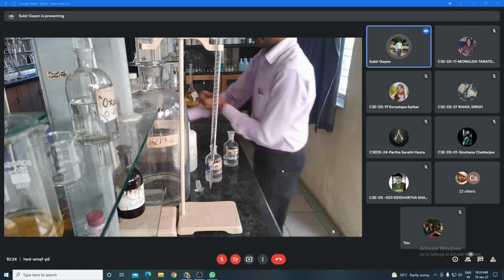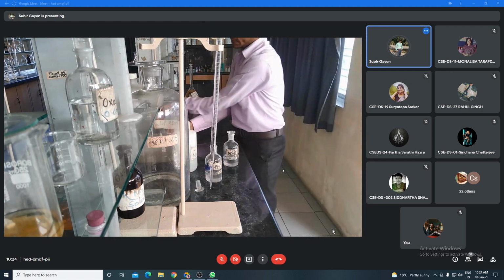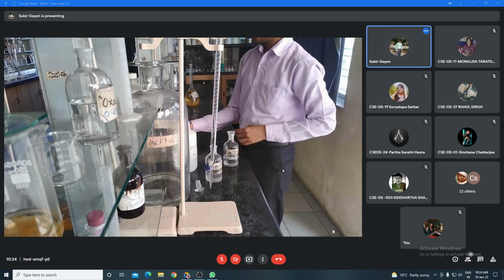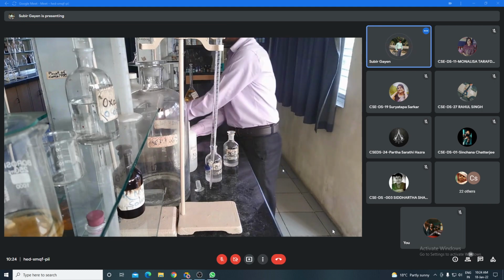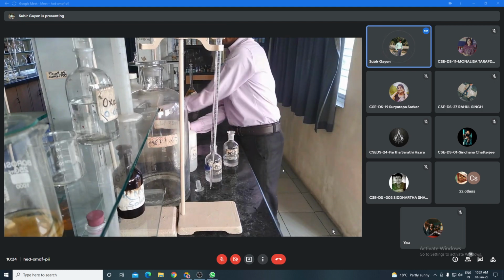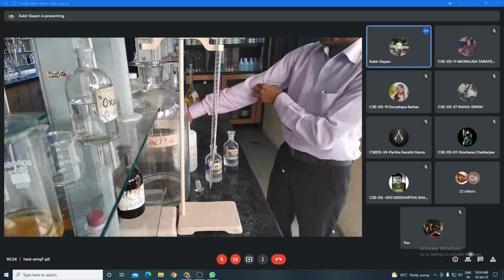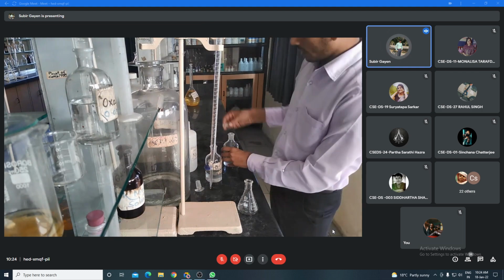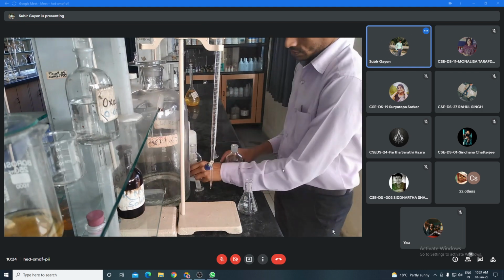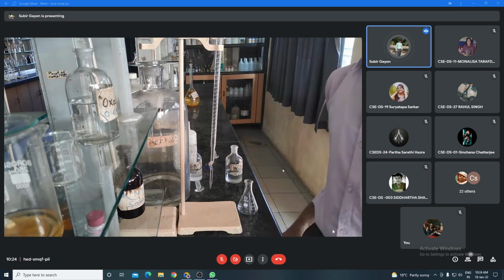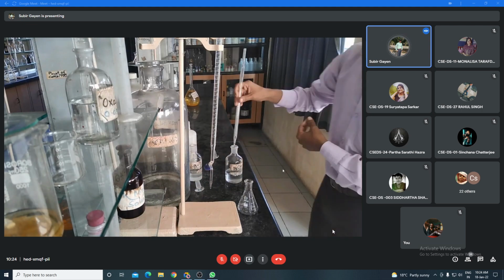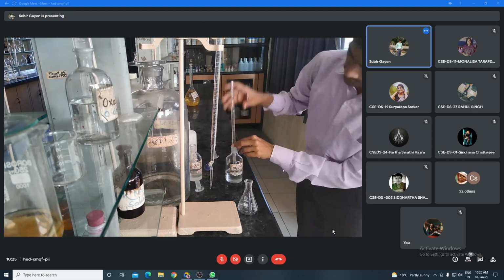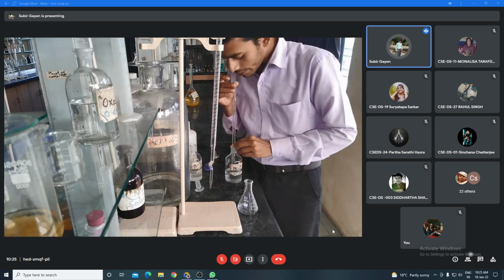Now I will show the titration from bottle 2. Again, same procedure. You have to take the upper layer of bottle 2. Again, dip the pipette slightly into the solution, then suck with your mouth.